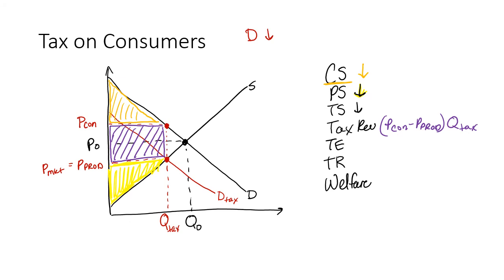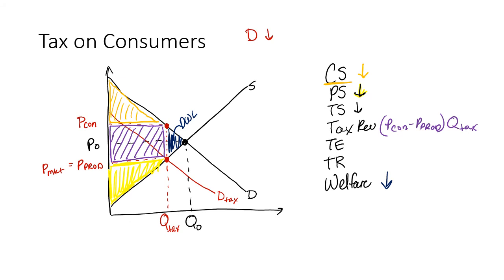The last thing we haven't colored in is this little triangle here, which we've been calling deadweight loss. And so because of that deadweight loss, welfare has gone down. Not because total surplus went down, but because we're underproducing this thing now.